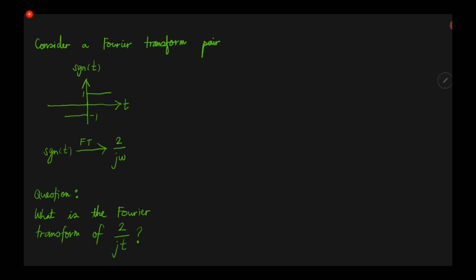If you see the table of Fourier transform pairs, no way you can find the Fourier transform of 2 over jt, which is why we need to learn a property of Fourier transform.